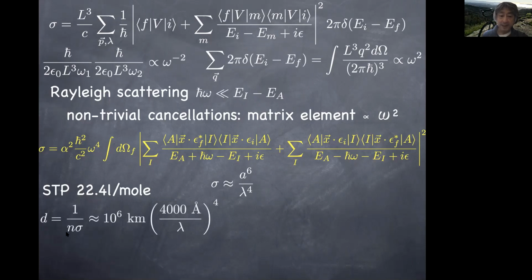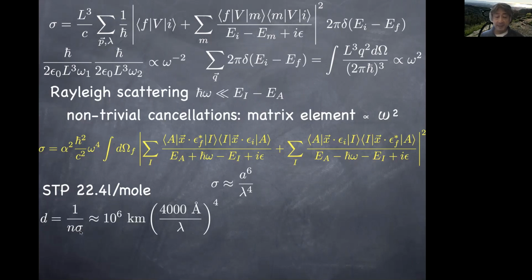And by multiplying the density and the cross-section, you get something of the unit of 1 over length, because the number density has the unit of inverse volume, so length to the minus 3 power. Cross-section has length to the 2 power. So density times cross-section has a unit of 1 over length, and the inverse of that gives you the mean free path.